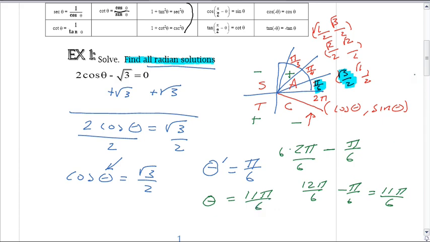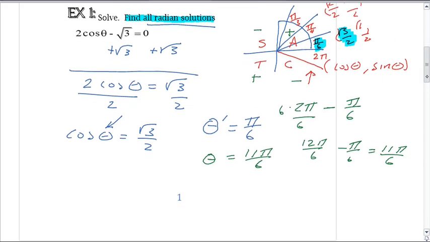Now the beauty of this is they want all the solutions. This is the first time we've ever done this. Let me go ahead and get my black pen here, make it official. So really theta can be equal to pi over 6 and theta can be equal to 11 pi over 6. But we can also say that this will work for infinitely many solutions. What I mean by that is this.